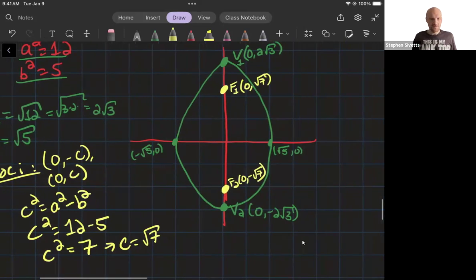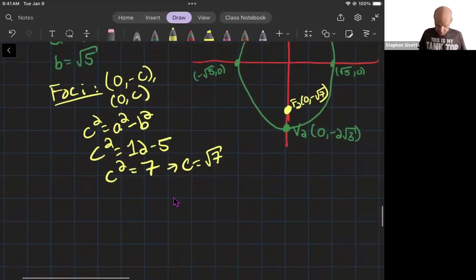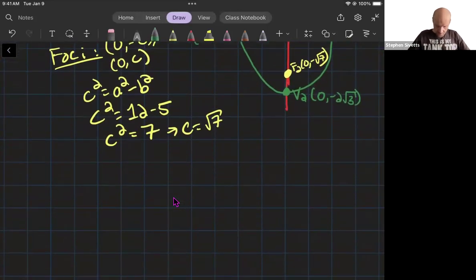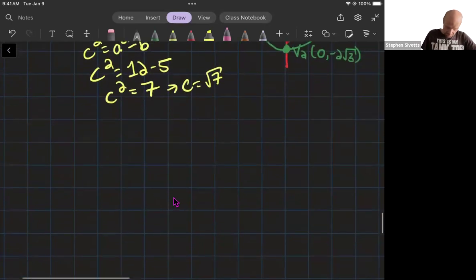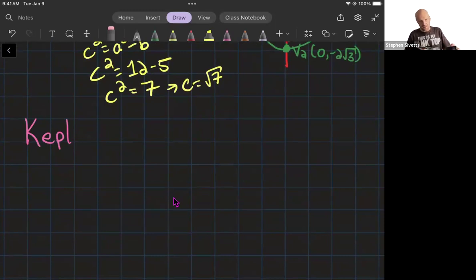And that's it in terms of figuring out and formulating the equation of the ellipse, right? And ellipses are useful in astronomy, right? Johannes Kepler's first law of planetary motion.